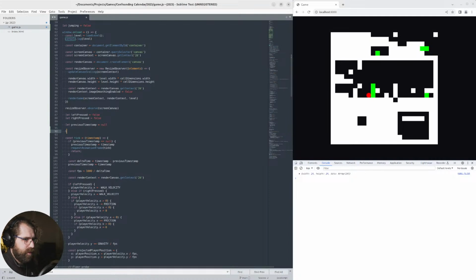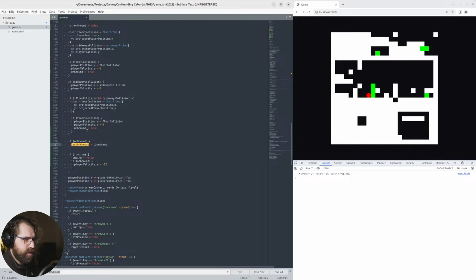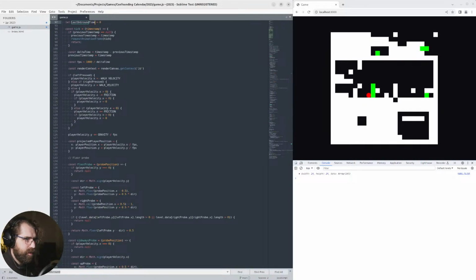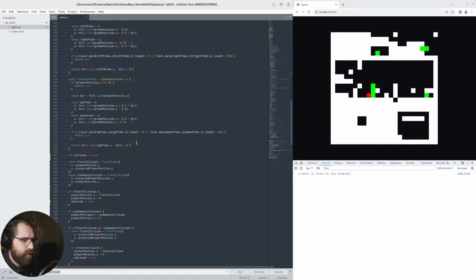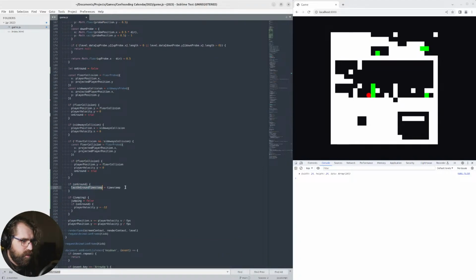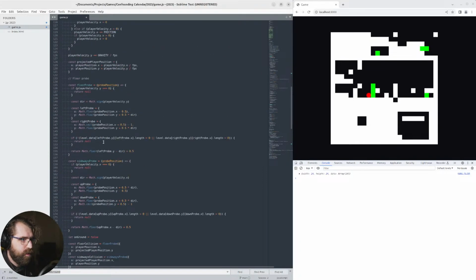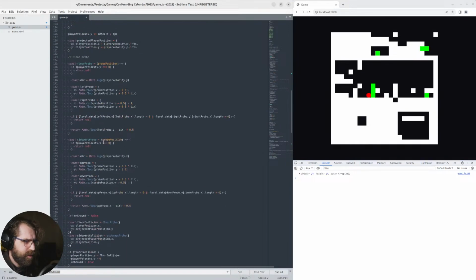So last on ground, let's call it last on ground timestamp. In fact, let's change the name of both. Last on ground 0, that's fine. I think it's fine to leave it at 0.